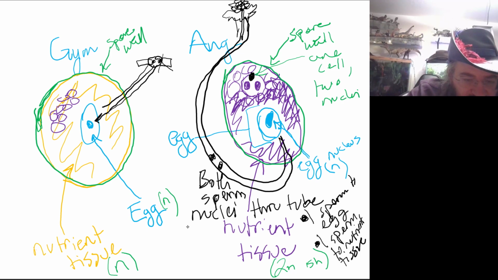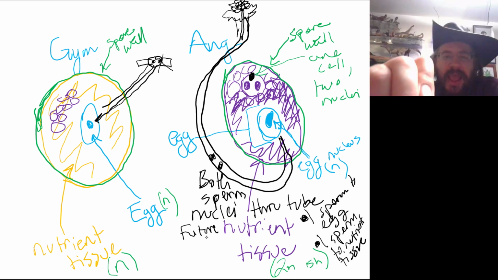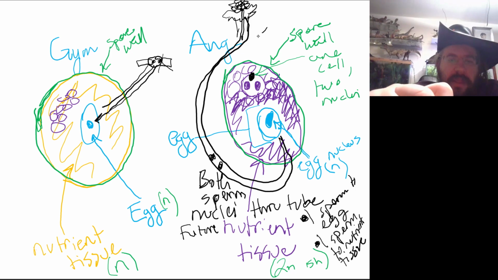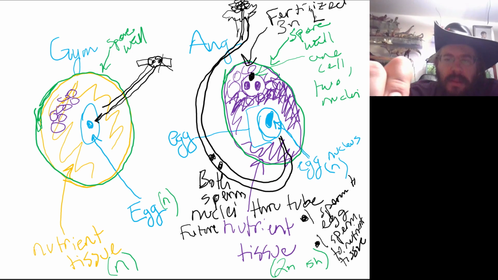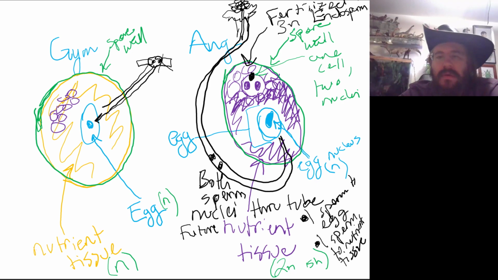So let's call this future nutrient tissue. And now we have fertilized 3n endosperm. So the nutrient tissue in angiosperms has its own name.